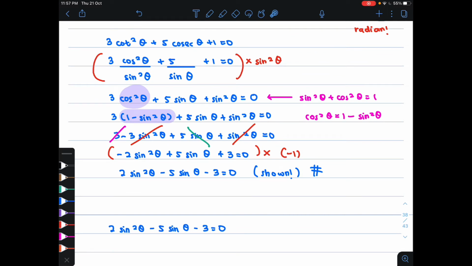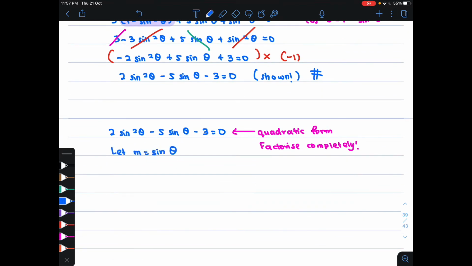Here we have 2 sine squared theta minus 5 sine theta minus 3 equal to 0. And here we have sine squared theta and sine theta. Therefore, this is a quadratic form and hence you need to factorize completely. Let m equal to sine theta. So this is m and this is m squared.